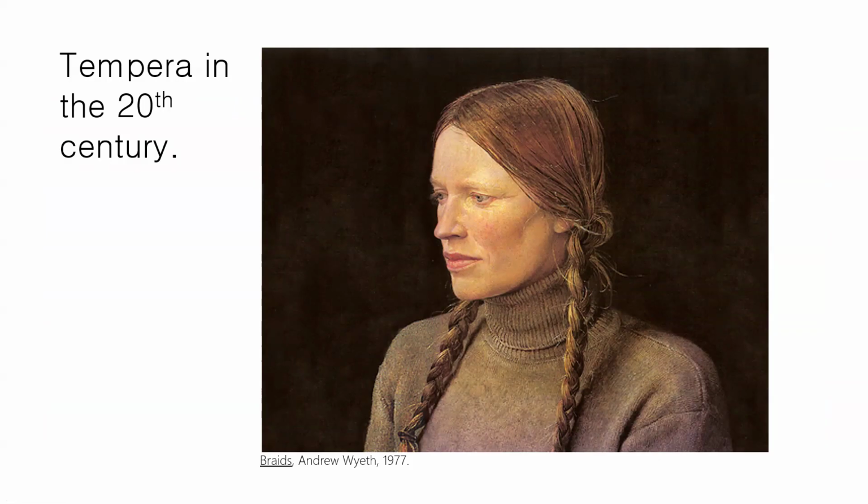Here's a 20th century example of tempera painting. This whole skin is made up of lots of tiny little marks, hatching and cross hatching in different directions, different values and different colors, following the contour and building up the head that way.